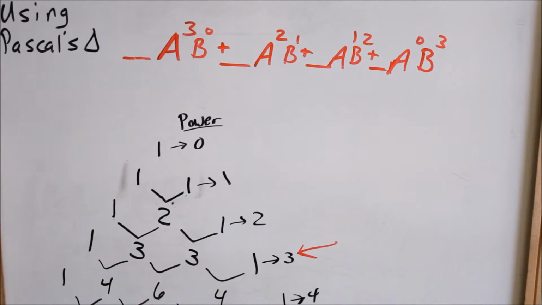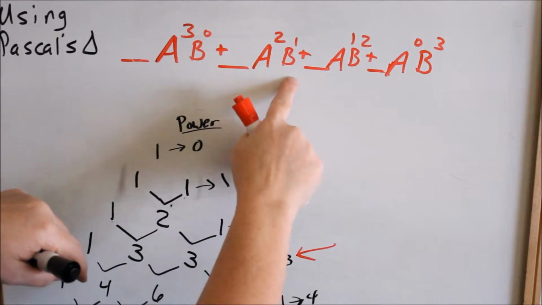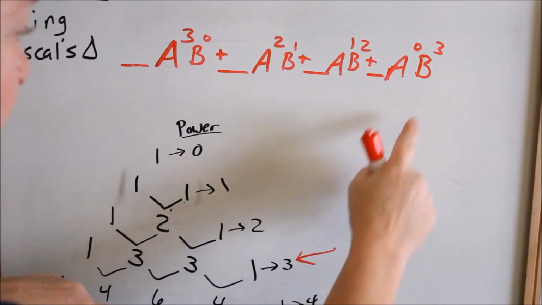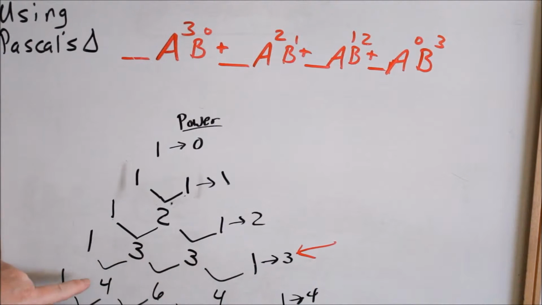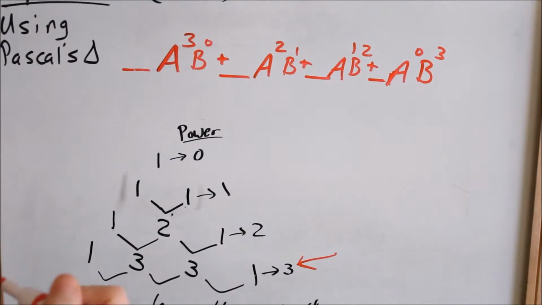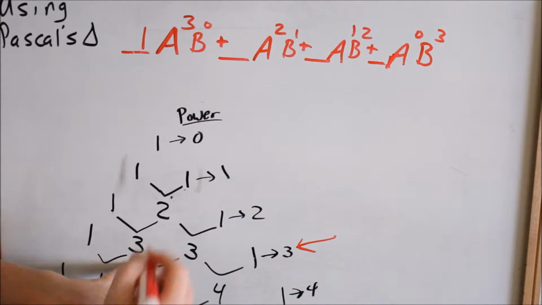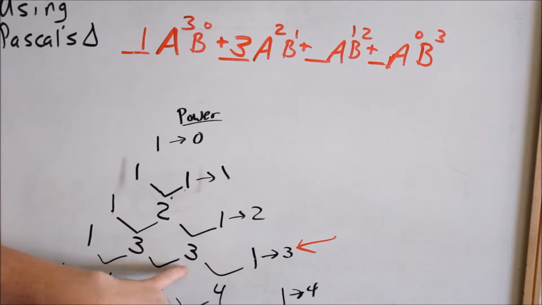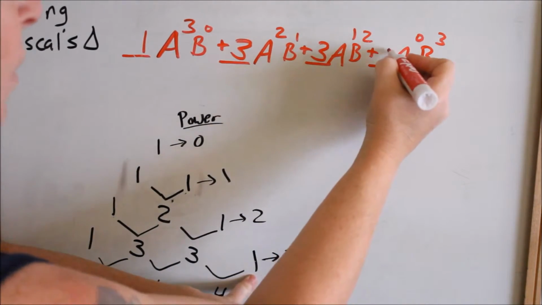I have 4 terms here. First term plus second term plus third term plus fourth term. So I come down here to the power of 3 and I have 4 numbers. 1, 2, 3, 4. I put these numbers in my blanks up here. So for my first coefficient, it's a 1. My next coefficient is a 3. My next coefficient is a 3. My next coefficient is a 1.